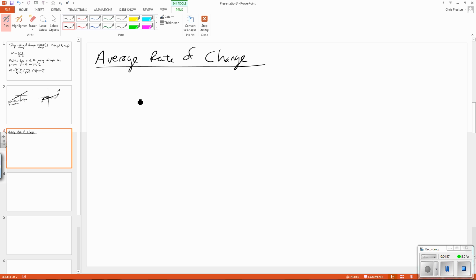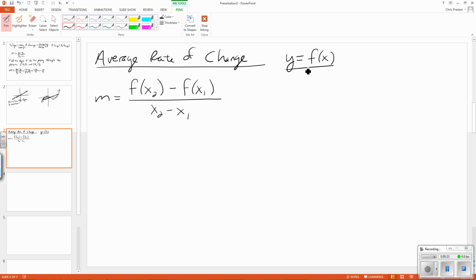So to find the average rate of change, I'm just going to use m for slope again, which is f of x2 minus f of x1 over x2 minus x1. Now, remember, when we're talking about functions, y and f of x are basically the same thing.